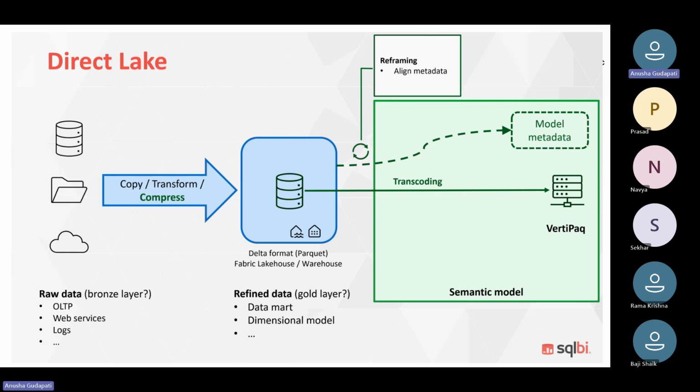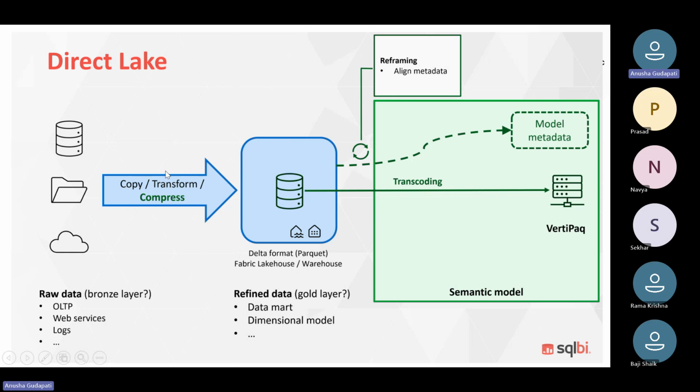Here in the direct lake mode, Power BI reads data directly from the delta tables in OneLake. The fourth pillar of foundation in Fabric is that the data present in Fabric is mostly in delta parquet format. So usually in the import mode, I have Power BI reports, I have a semantic model, and then I have a warehouse under it, for example, if it's a Fabric warehouse.